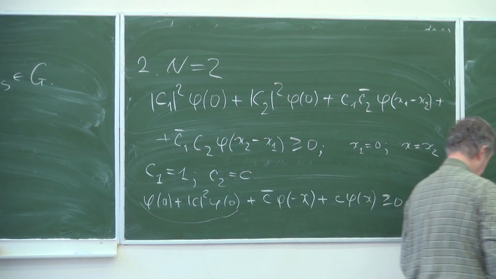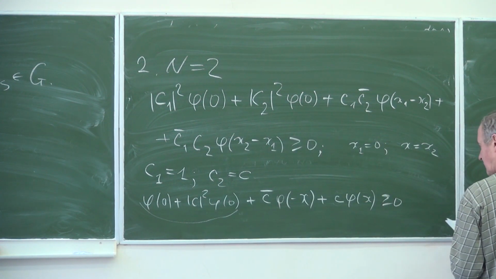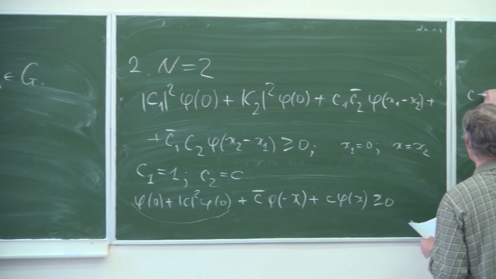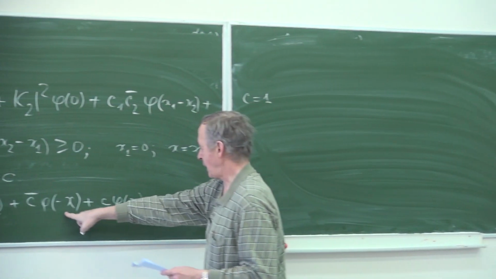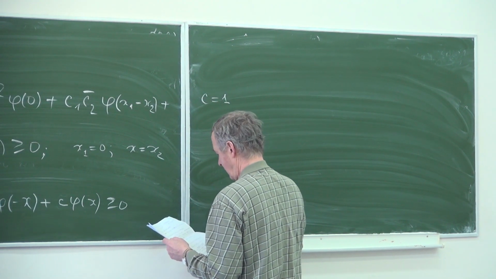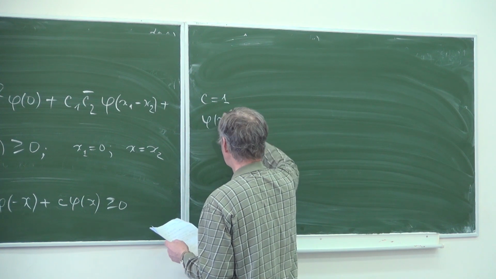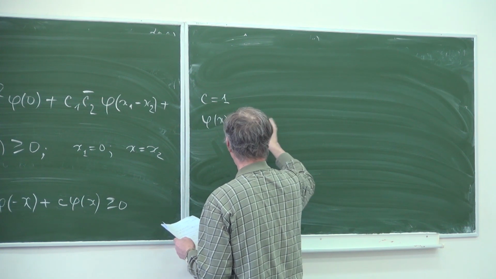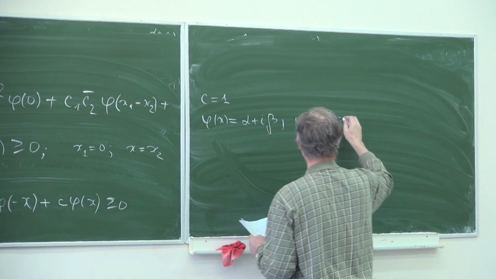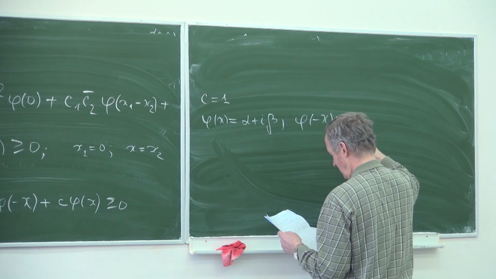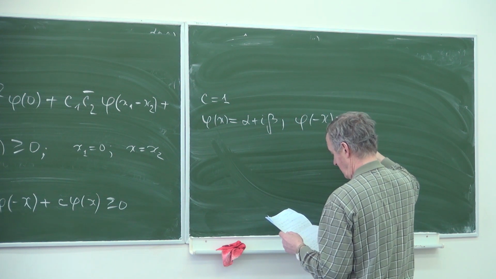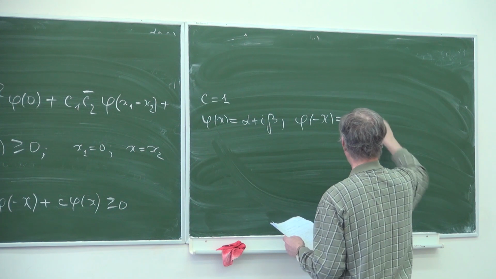This one is real, and this means, first take C equal to 1, then we see that this sum is real, and this means that phi of x is equal to alpha 1 plus I beta 1, and phi of minus x is equal to alpha 2 plus I beta 2 for some alpha and beta.